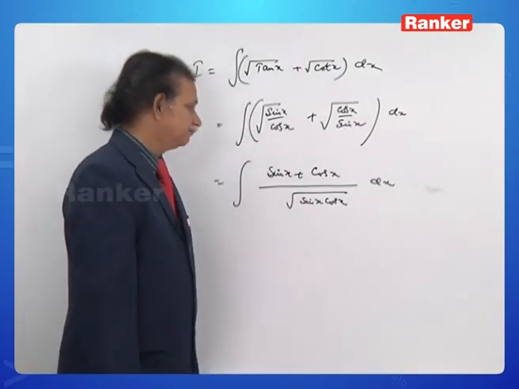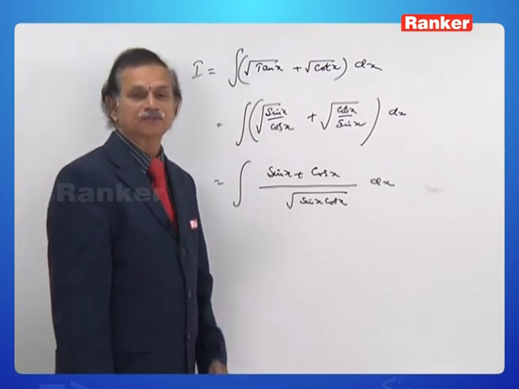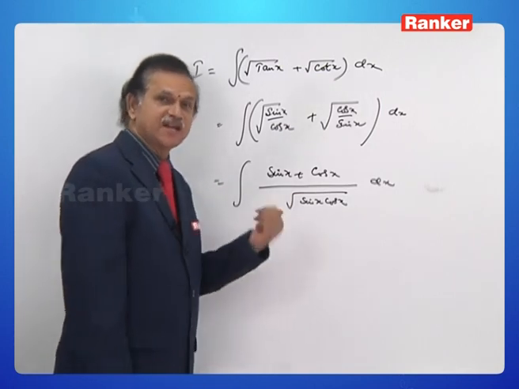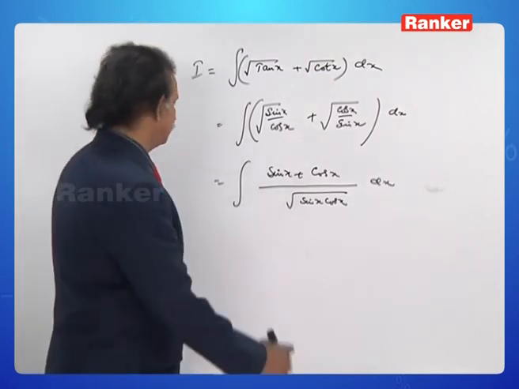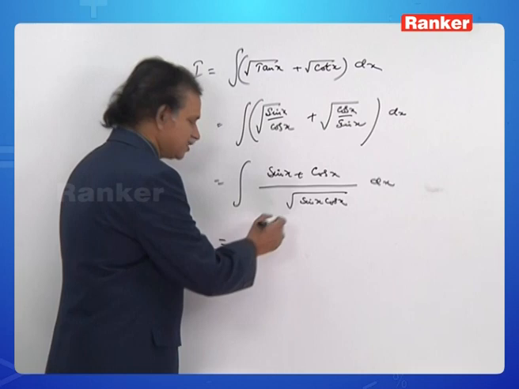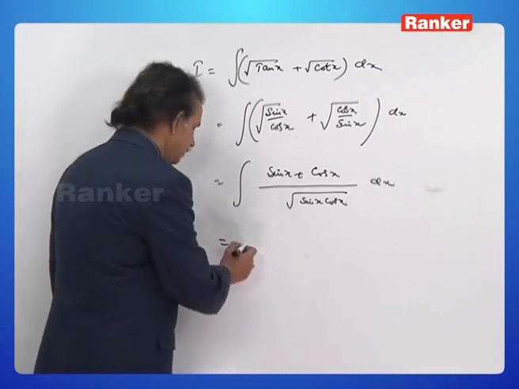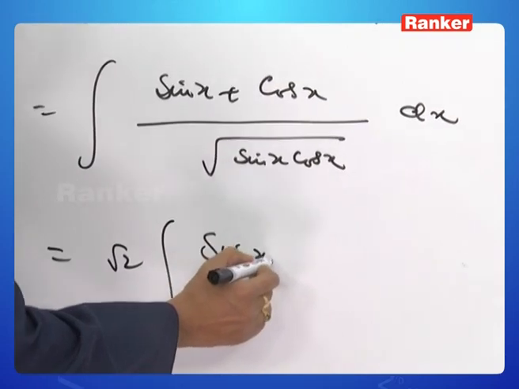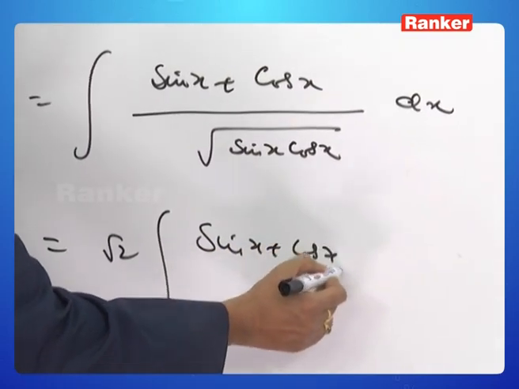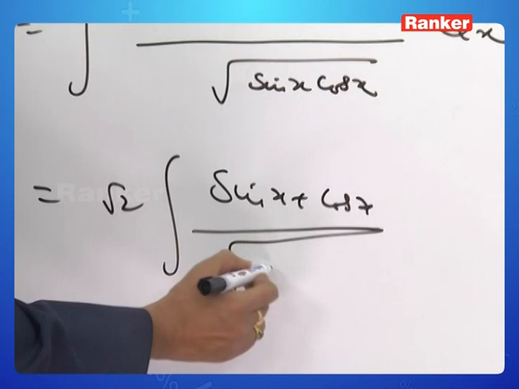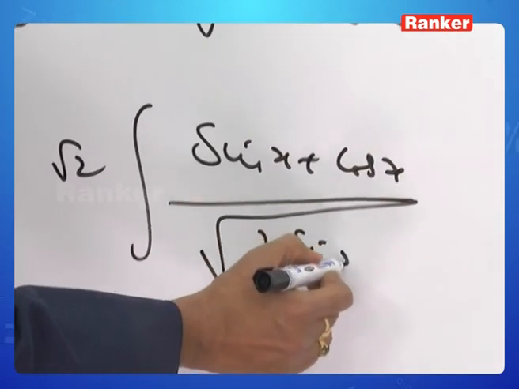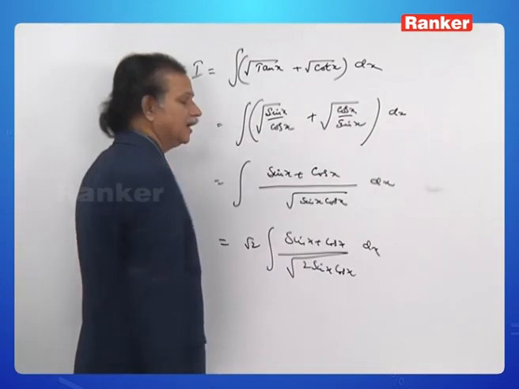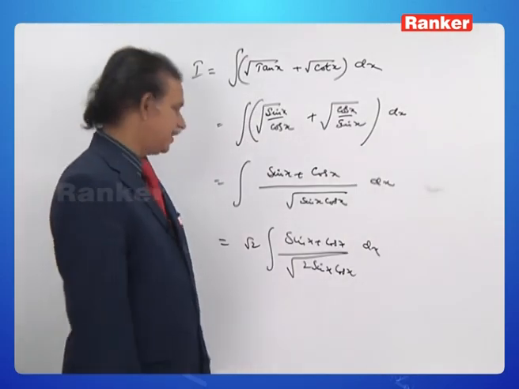Well, here you may have to use that formula. The actual thinking is necessary here. Good. I like to convert this as root 2 into sin x plus cos x by root of 2 sin x cos x. I think you could have followed what I have done.